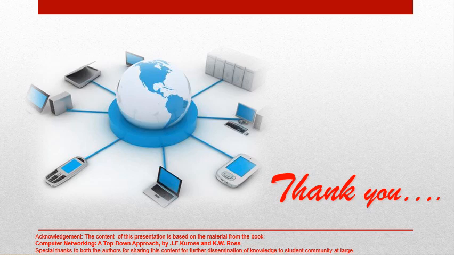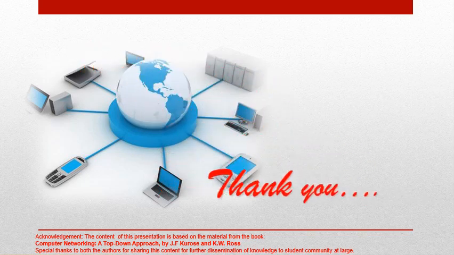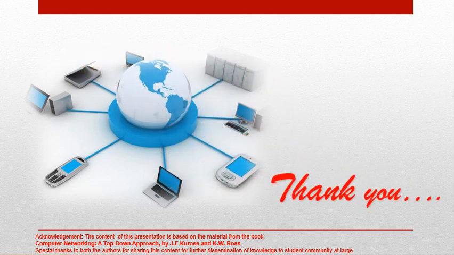In this session, we have covered the major components of IP, that is Internet Protocol, along with the detailed format of the datagram packet. Next, we will discuss how fragmentation and reassembly of the packet take place in the network layer. Thank you very much.